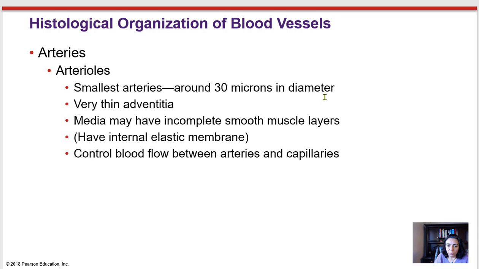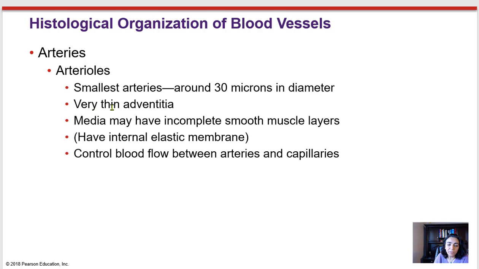Just to remind you, a micron is 1,000th of a millimeter. You can see a millimeter by eye, but you cannot see 1,000th of a millimeter by eye. So as you see, these cannot be seen by the naked eye.